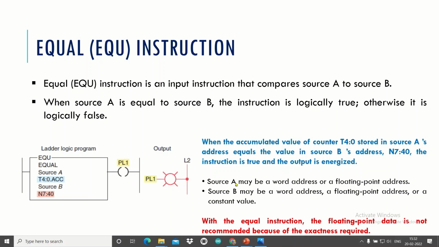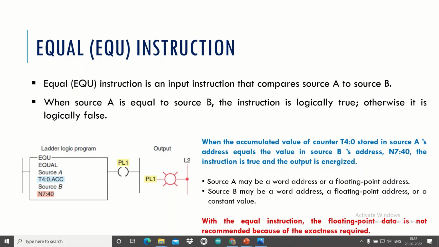Now you see that this source A may be a word address or a floating point address. Floating point address means you can go with decimal points, decimal data. Now we see with equal instruction, the floating point data is not recommended because of the exactness that is required.